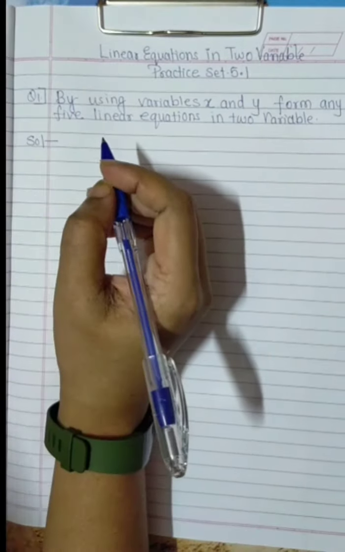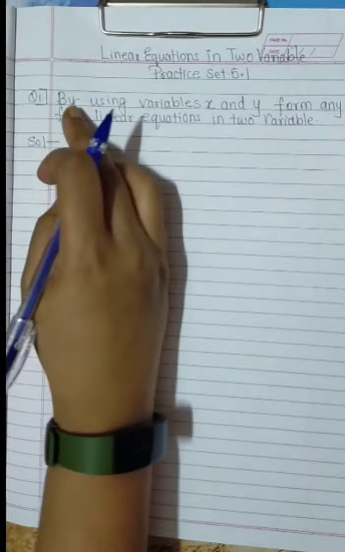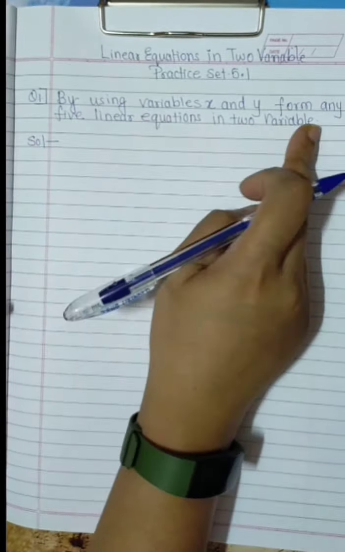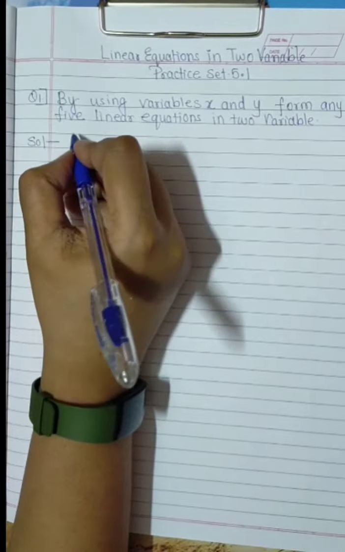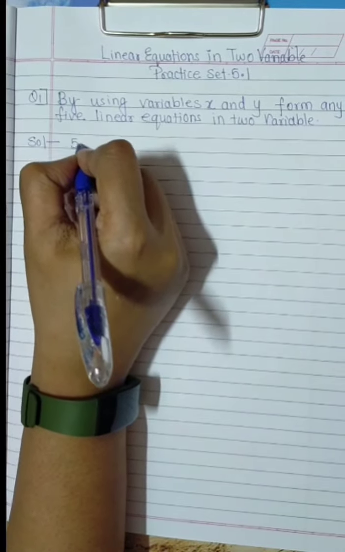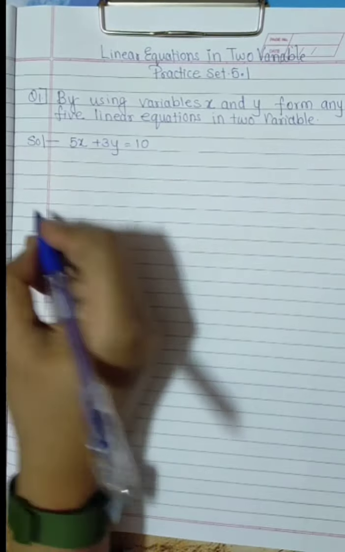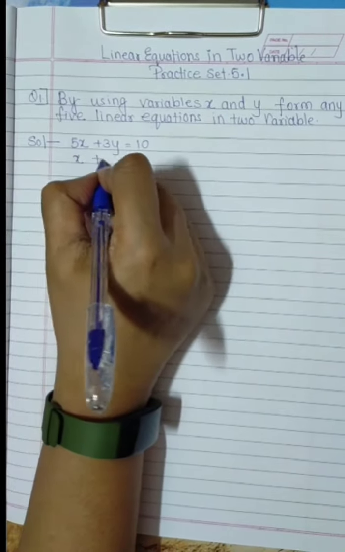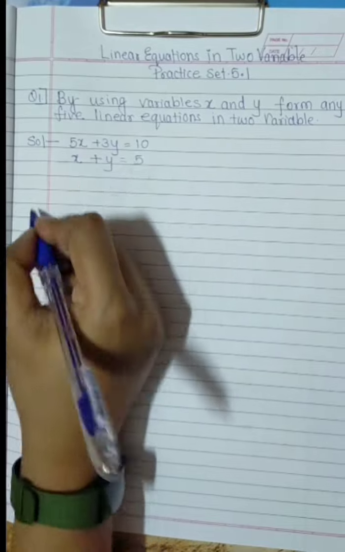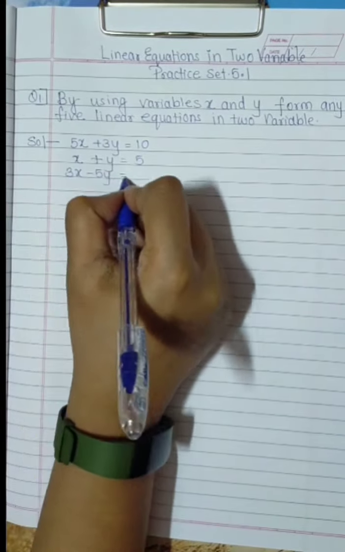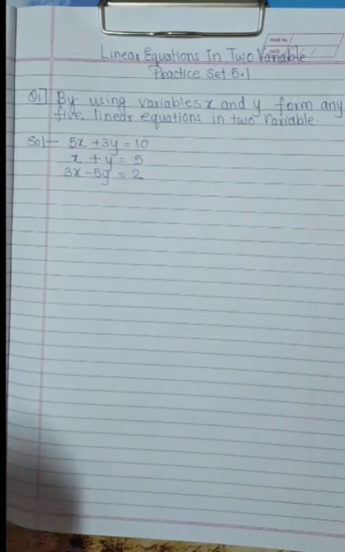What is given? By using variables x and y, form any 5 linear equations in 2 variables. So I'm writing 5x plus 3y equal to 10, then x plus y equal to 5, 3x minus 5y equal to 2. We have to use the variables x and y here.